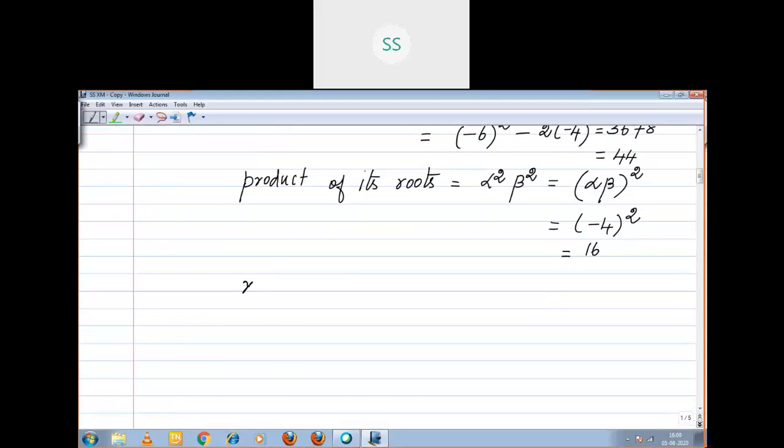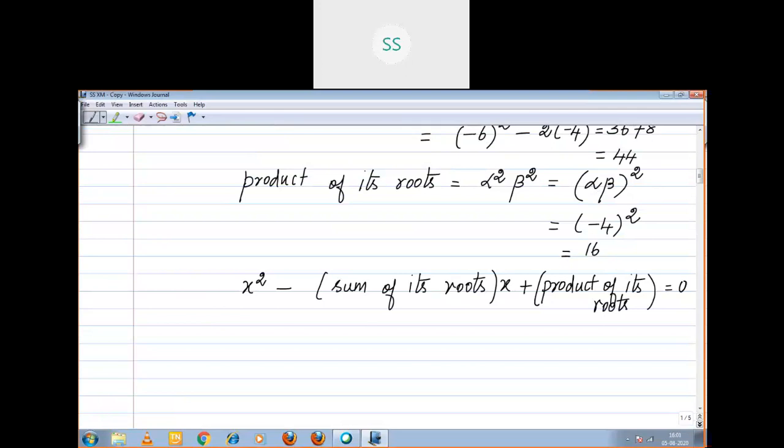X square minus sum of its roots into x plus product of its roots, which is equal to 0. In the polynomial we used to write zeros, right?